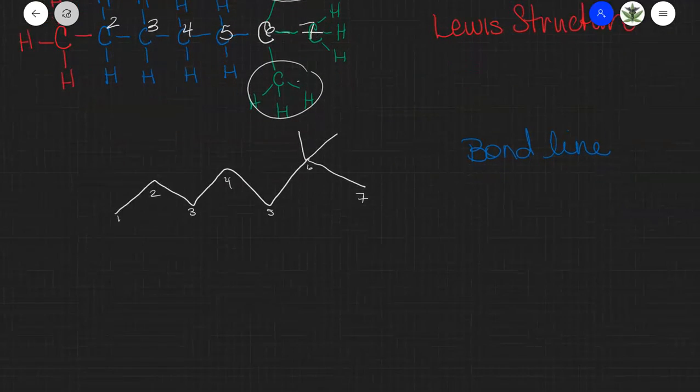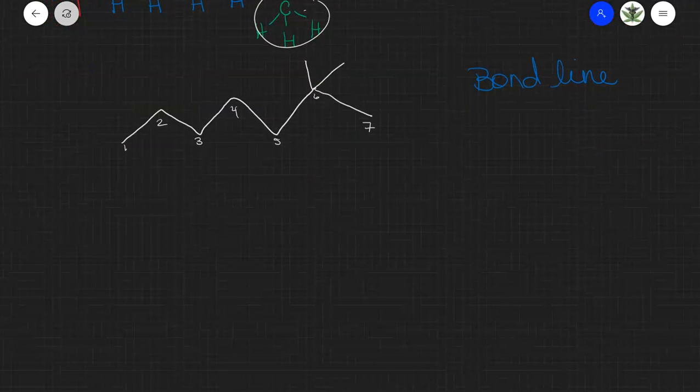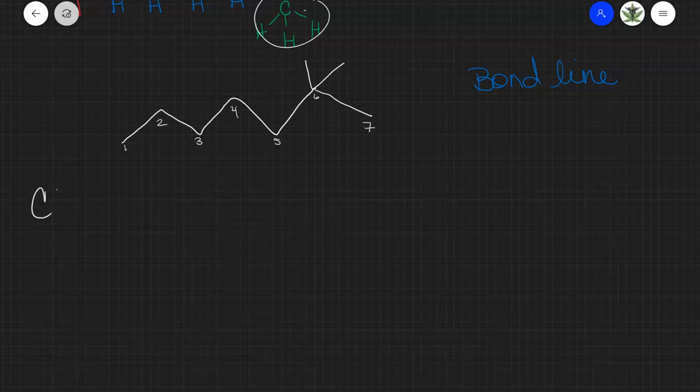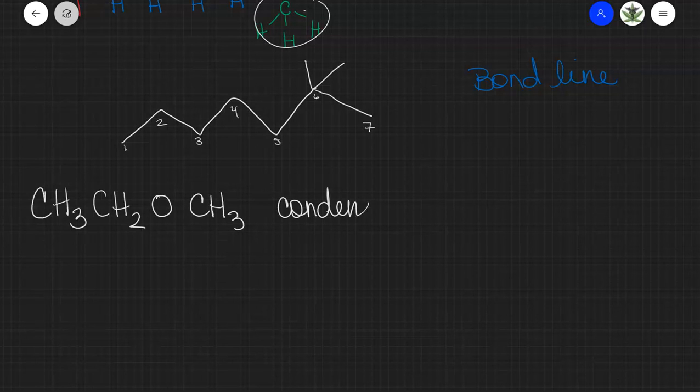Let's look at another example. What if we had CH3, CH2, O, CH3? This would represent the condensed formula.